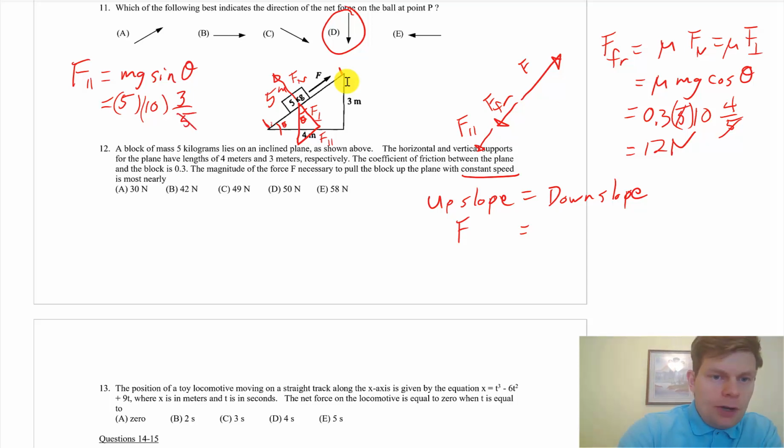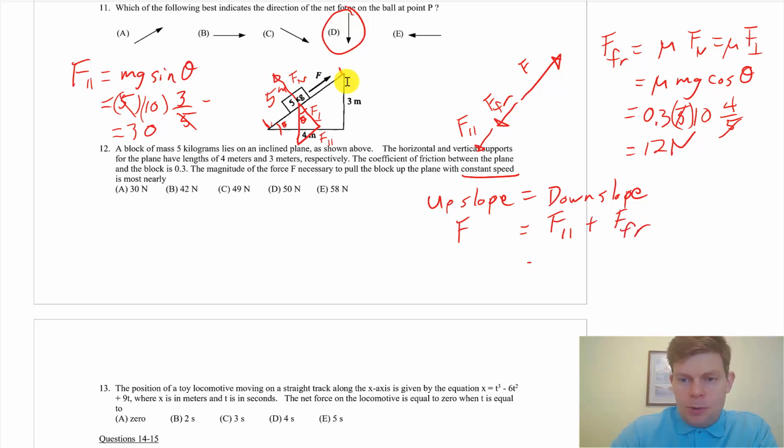We can get rid of our 5 again, and 10 times 3 is 30. So F equals F parallel plus force of friction, which is 30 plus 12. And that's it, so 42. And we are done with that one.